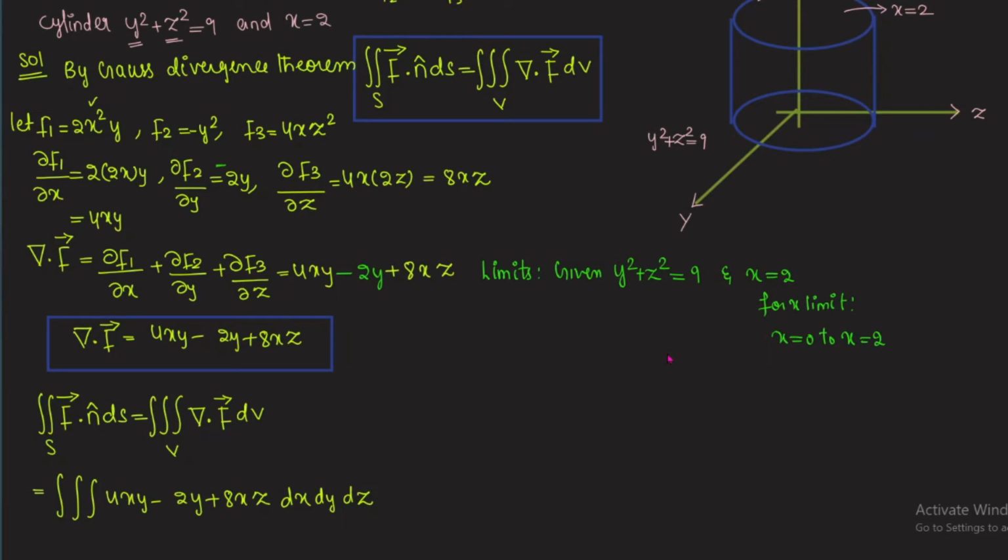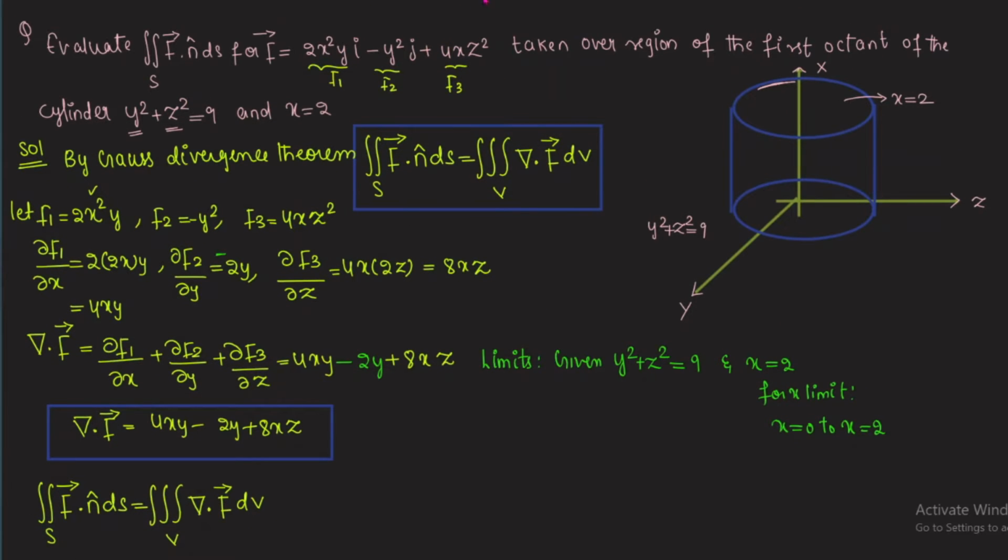Now we want the limits for y and z. So I am taking a strip here on the z axis, parallel to the y axis. Now this strip is touching the y axis. Touching the y axis means the y value will be 0 on the z axis.